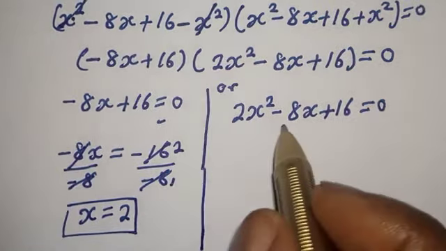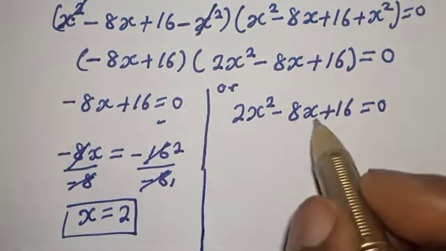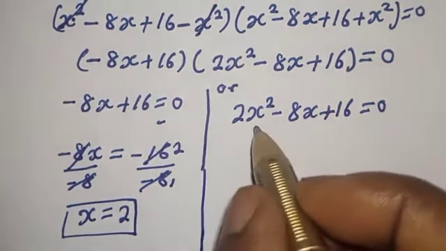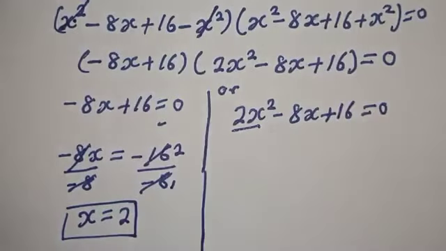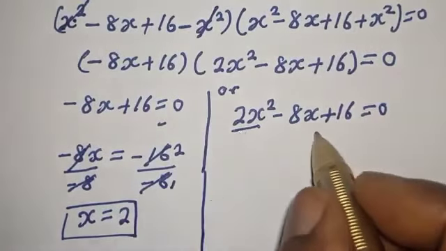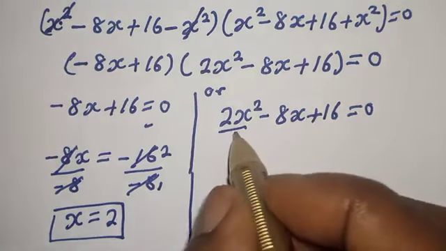And from the second case here, we can still reduce this by dividing all through by 2. Let's divide all through by 2.